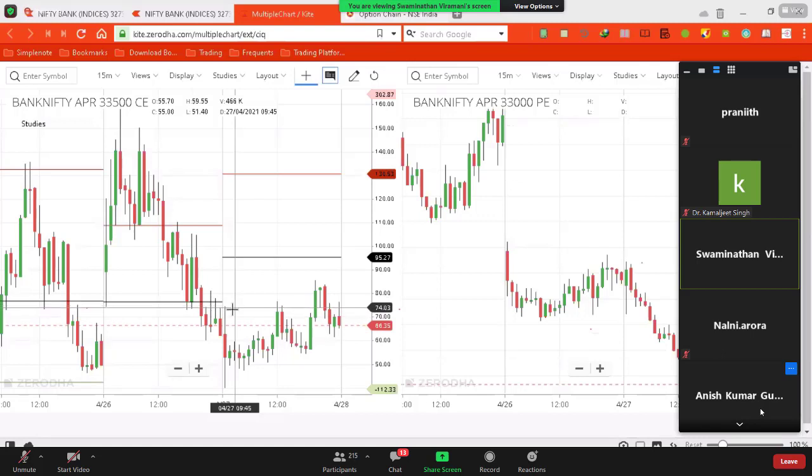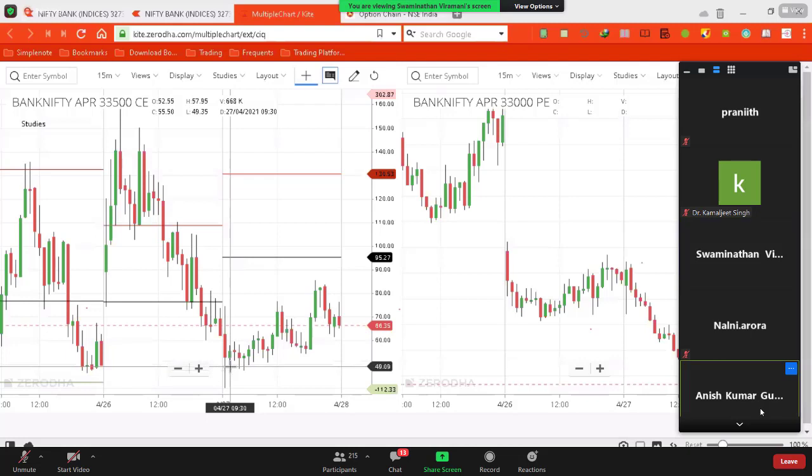Now if the high is not broken, I move my buy order to the next candle high. I keep modifying the order so that at some point it gets triggered and I am in the trade. And you put your stop loss at the lower part of the entry candle with a little bit of buffer. Five to ten rupees, ten points? No, I take a buffer of about 2 or 3 points.